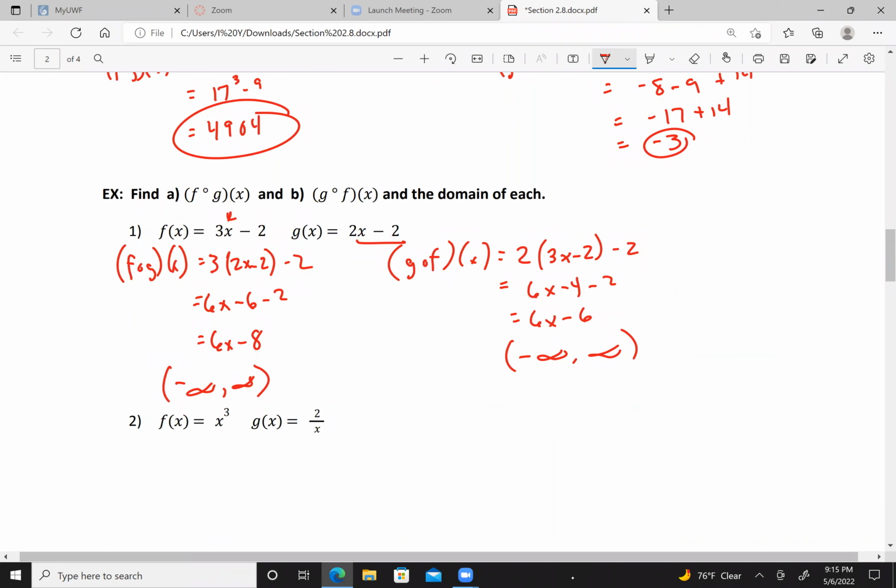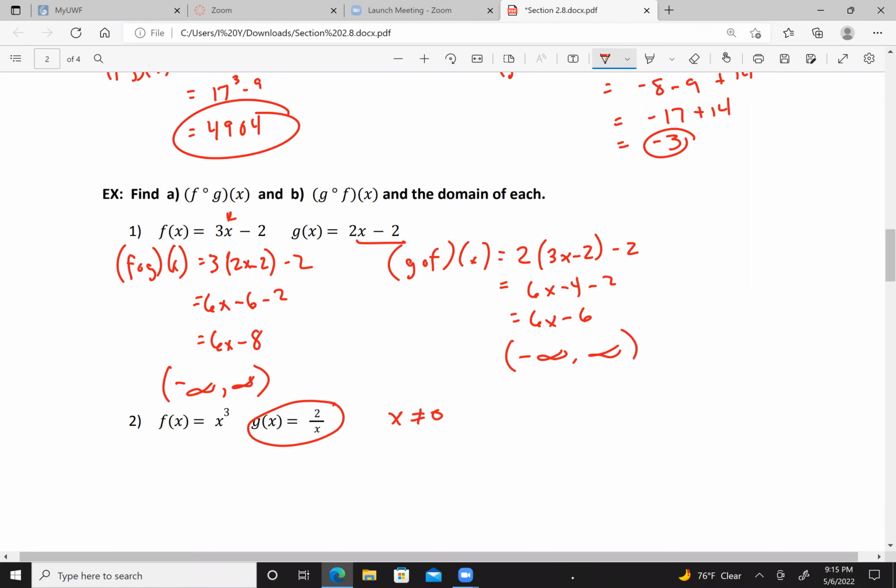Okay, so now let's look at this. Doing the same thing. However, g of x gives a restriction that x cannot equal 0, so we have to keep that in mind throughout the whole thing.